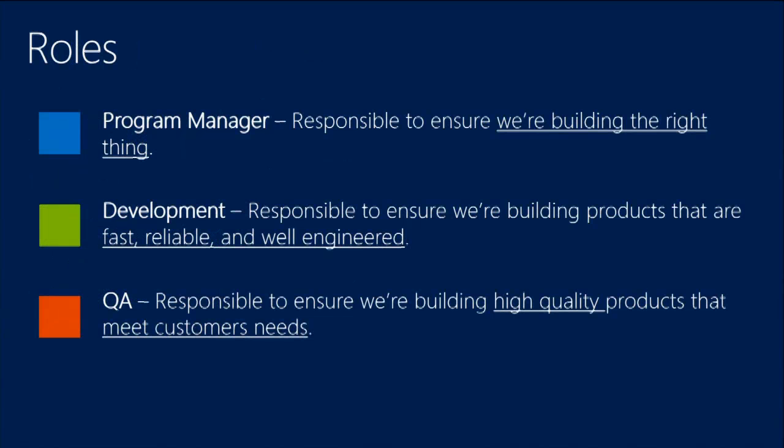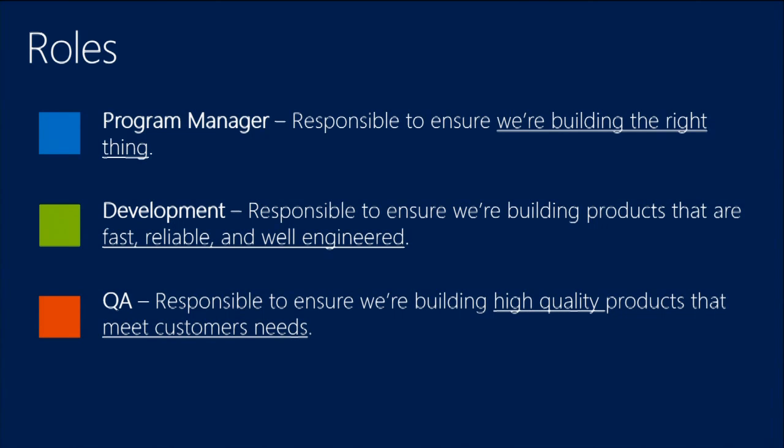The roles. If you're not familiar with this, in Microsoft we have 3 roles. The program manager is essentially the product owner. They don't have people reporting to them. They own the backlog. Their job is to create the best experience for the customer. Development, obviously, are doing the coding, and QA are making sure it's high quality. So pretty standard.